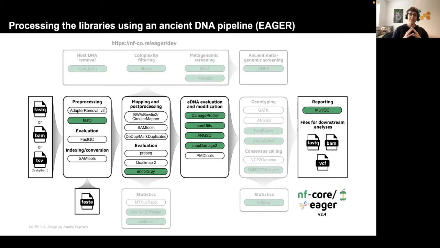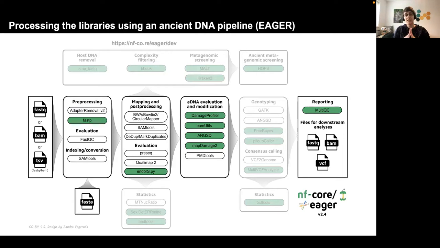In this case, we couldn't use the present day processing pipeline because it doesn't do adapter trimming. It doesn't do very good even adapter dimer trimming, because for present day samples, you make sure that your DNA is long enough so you don't read through adapters. You make sure that you clean out all of the adapter dimers as much as possible. And for our samples, this is still old DNA. It's very short. We will have all of that.